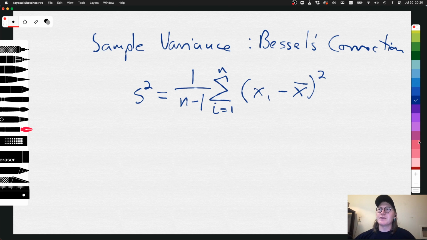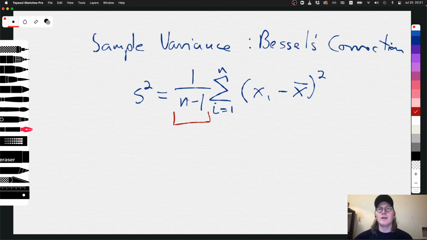Think about the effect of this. Just this part right here. 1 over n minus 1. 1 over n minus 1 is going to be a larger number than 1 over n, right?